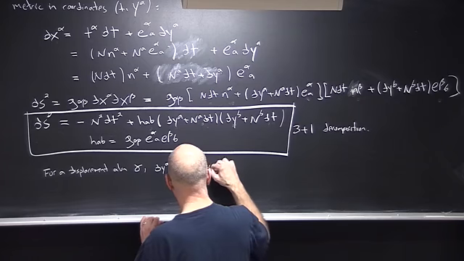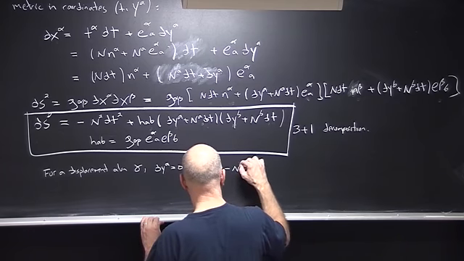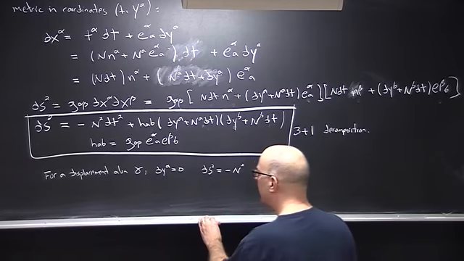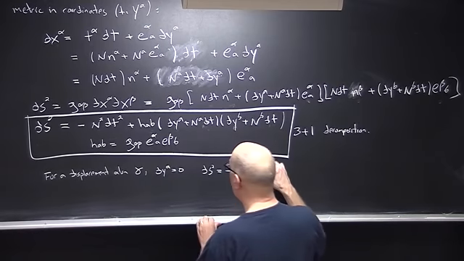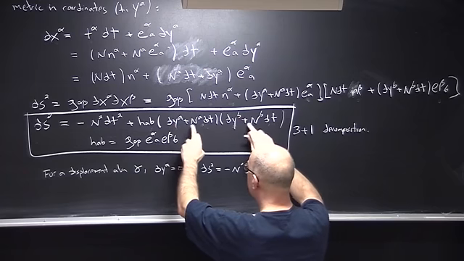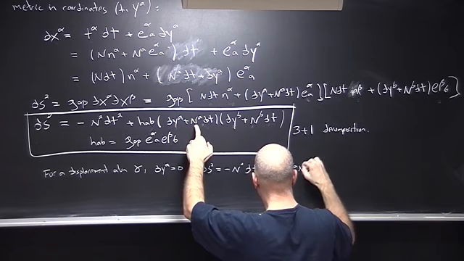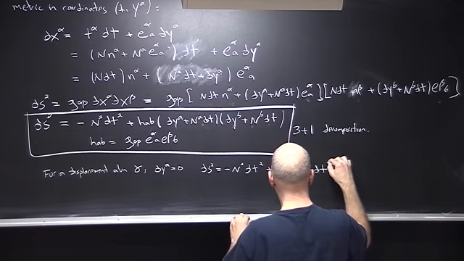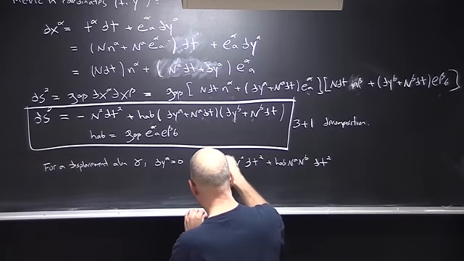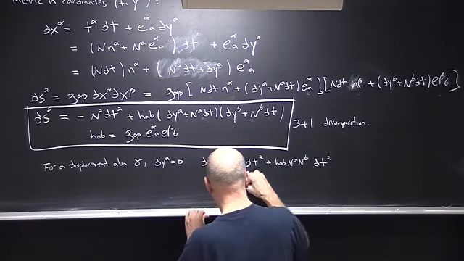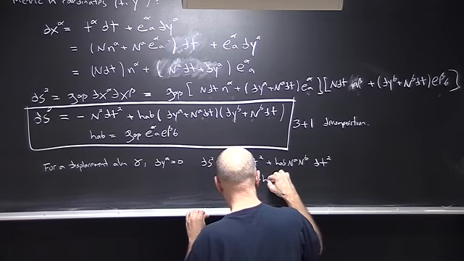For those displacements, ds squared is equal to minus n squared dt squared. So we get rid of these guys, but we pick up these guys over here, also multiplying dt squared. So basically, an increment in proper time is going to be related to a coordinate displacement in t.